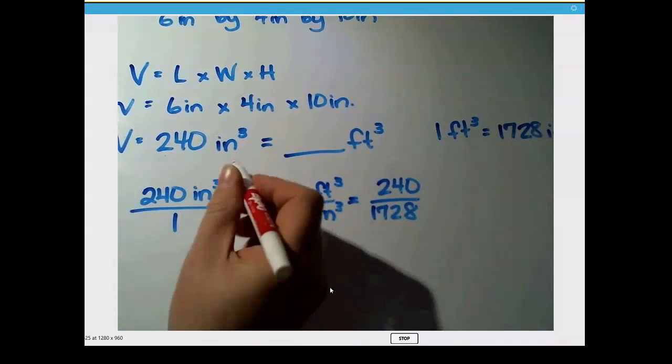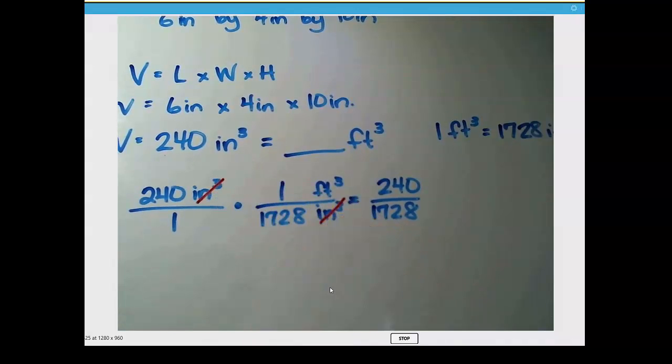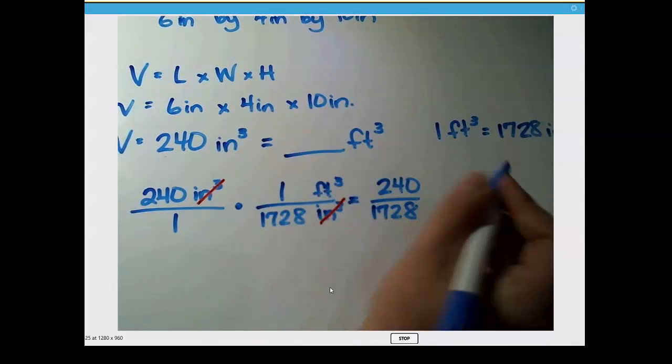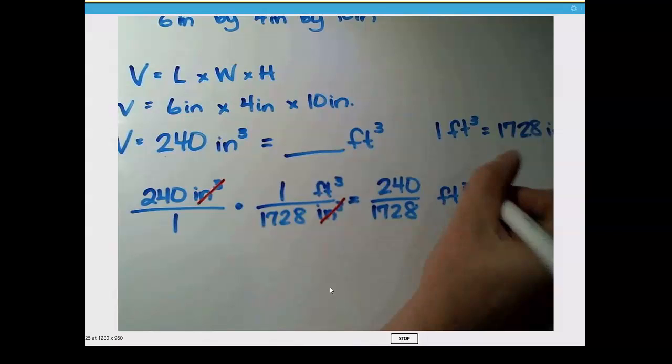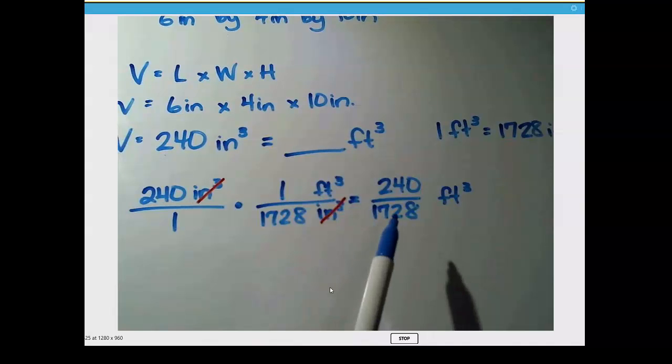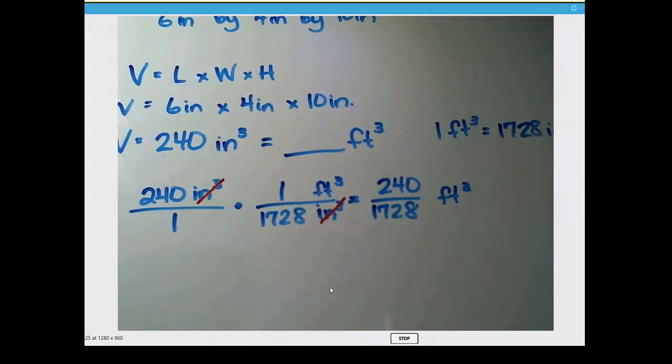When I've done that, I've just canceled those cubic inches out, and cubic feet is all that remains. This is your answer. It's pretty ugly, so I am going to divide this out and see what this would be in decimal form.